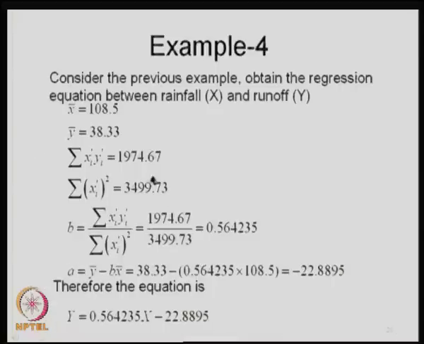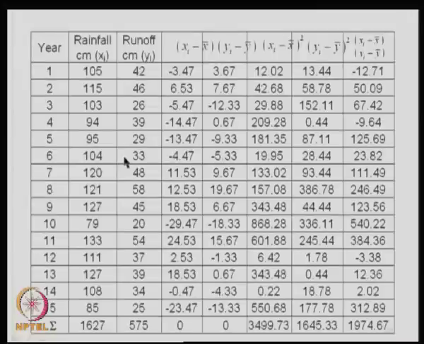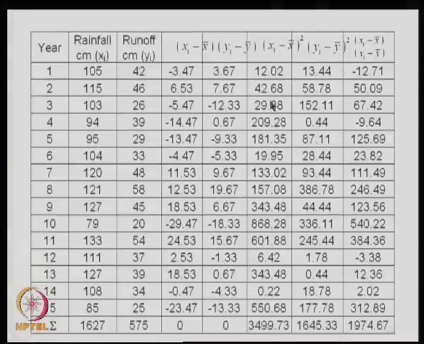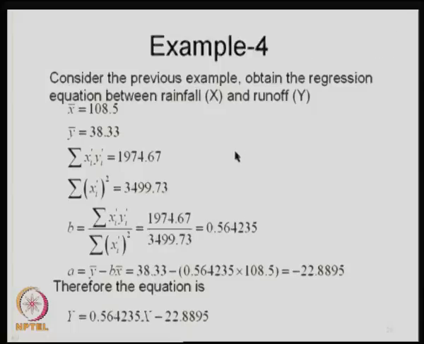So, we get sigma of x_i dash into y_i dash, which is available in this column x_i dash y_i dash, which is 1974.67, and similarly x_i dash the whole square. So, summation x_i dash the whole square is available from this column (x_i minus x bar) the whole square.